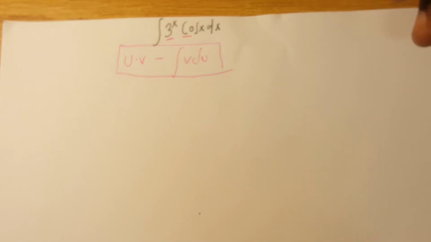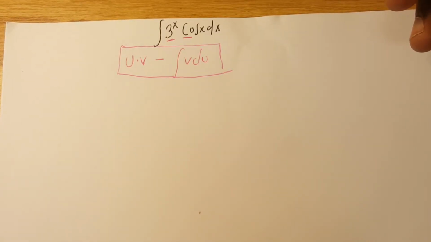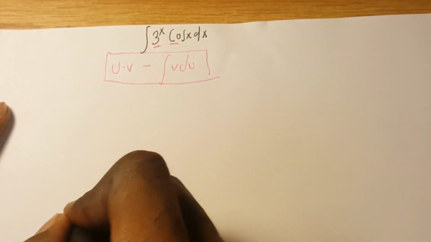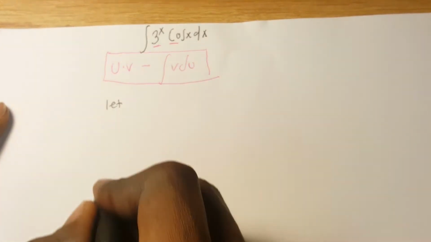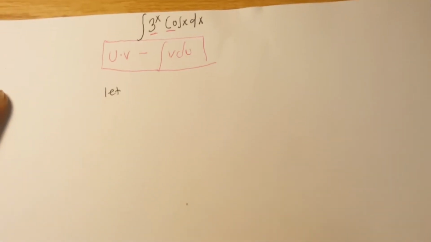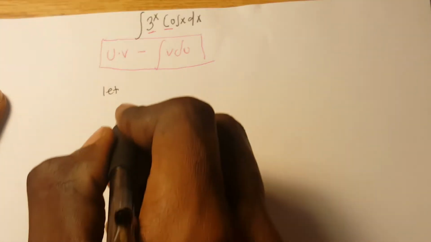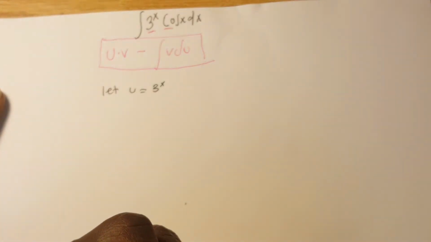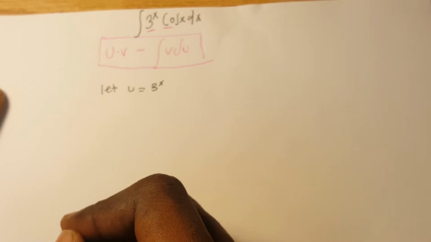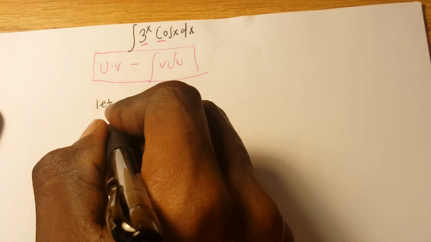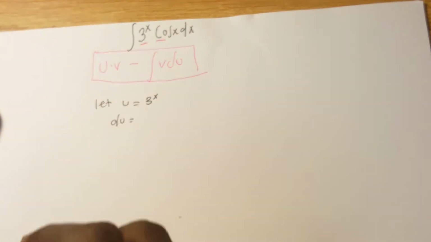So with that little clue, in this case I will let my u be equal to 3 to the power of x. Then I will go ahead and differentiate. This will give me du.